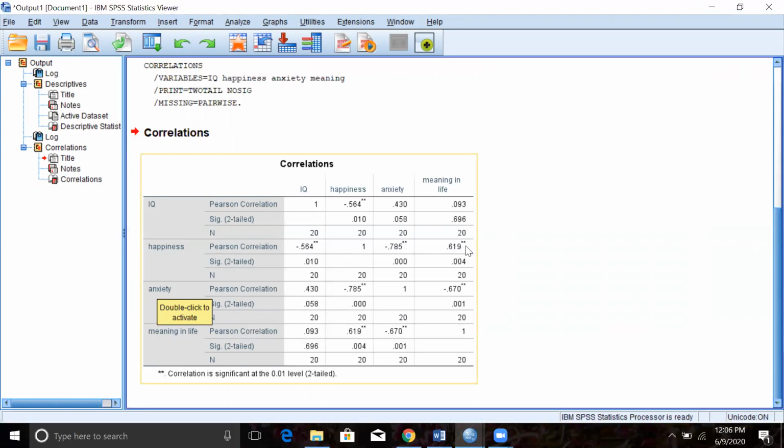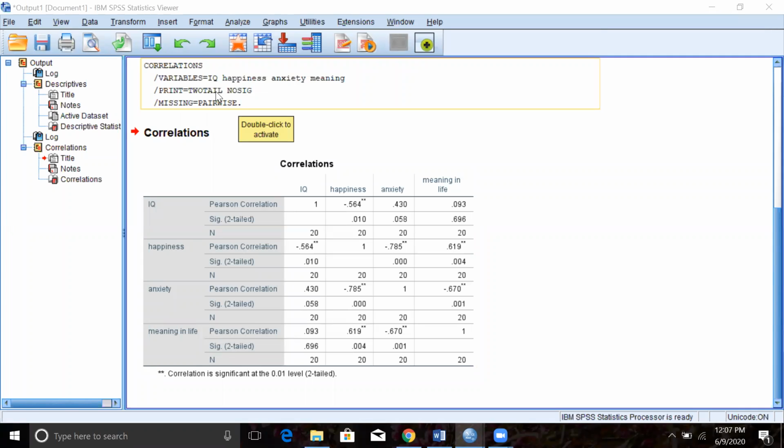This value here in all of the rows labeled Pearson correlation is your R value. The value right below it in the row labeled sig two-tailed is your P value. These are the 2 primary numerical pieces that you report when you're writing up a correlational analysis. You write up your R with its unique P value. So that's basically how you look at the correlation matrix.